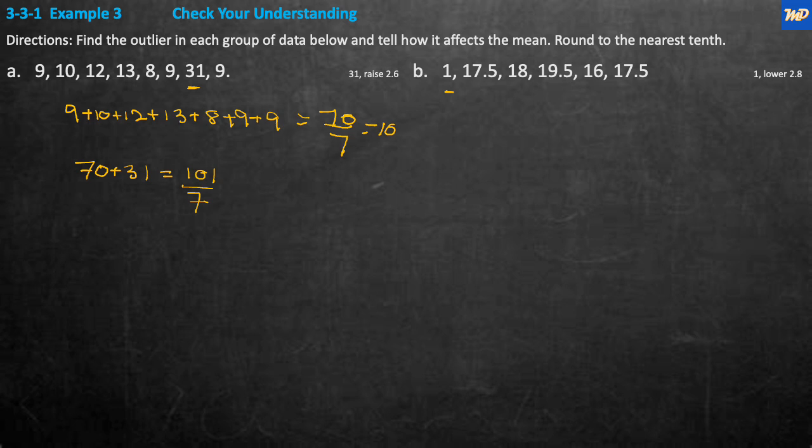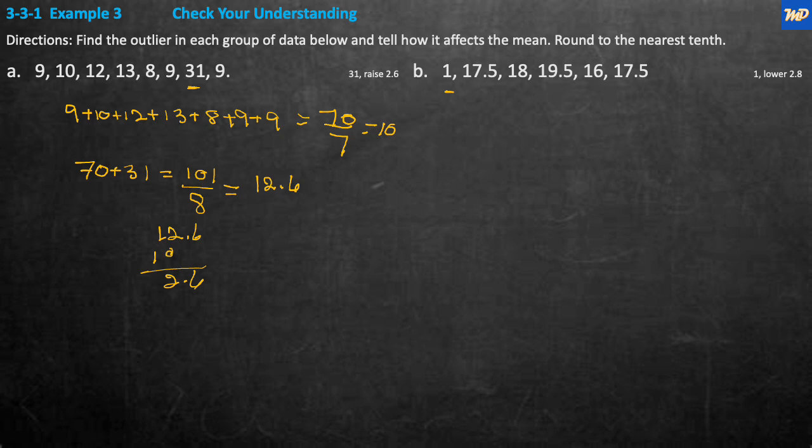I thought it was 6 last time. 101 divided by 8 ends up being 12.6. If you take 12.6 and subtract 10 from it, you get 2.6. That's already rounded to the nearest tenth, which is what they asked for.